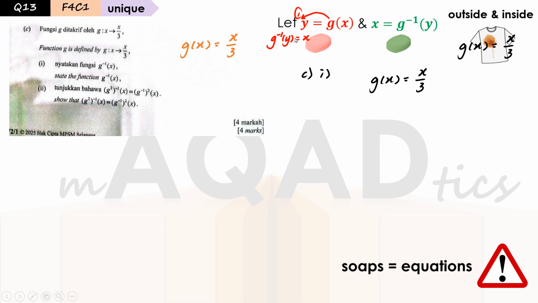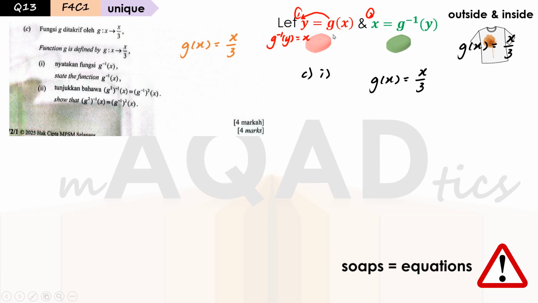So if you compare this equation with this equation, it's actually the same. x equals g inverse of y. So this would be our second equation, and we don't need to memorize it because it is from the first equation.